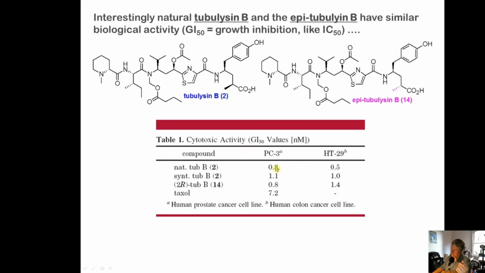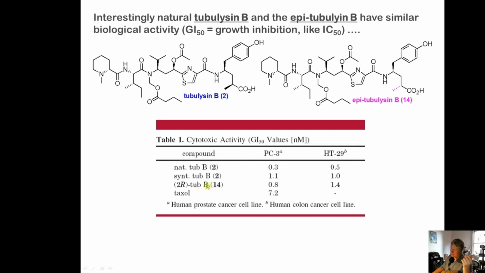There's a little bit of error in these measurements too, though, so I wouldn't worry too much about this. This is also nanomolar, so it's sub-nanomolar, which is pretty insanely potent, right? It's decimals of a nanomolar, and then their synthetic molecule is 1.1 nanomolar, which is pretty good. And then against the other cell line, that's 1.0.